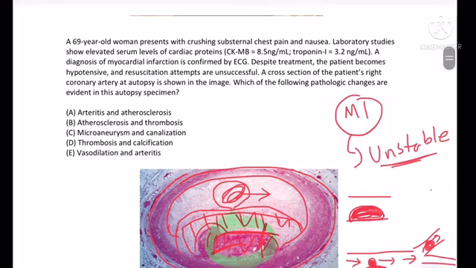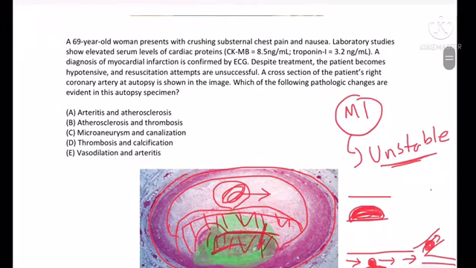Microaneurysm and canalization, no, we cannot see any outbulging or any microaneurysm in this vessel. Thrombosis and calcification, yes, it may be thrombosis but cannot be calcification, because if we use a certain stain that can stain calcium deposits in a bluish color, we cannot see any blue deposits here.